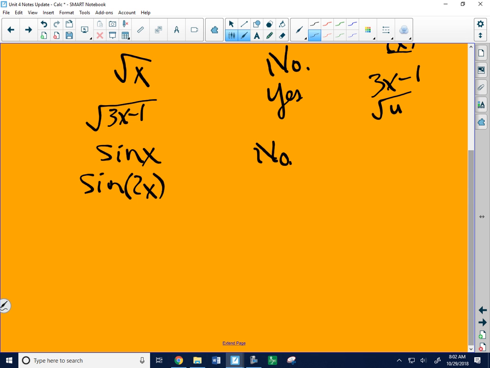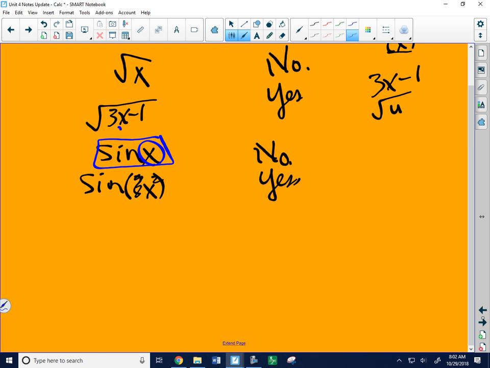Or it could be something like sine of x squared. So my point is, if you have a parent function, just sine of x, there's no transformations if you think back to that. Do I need chain rule? No. As soon as this changes to anything but x, 2x, 3x minus 1, then there is a composition of more than one function. You would need chain rule.